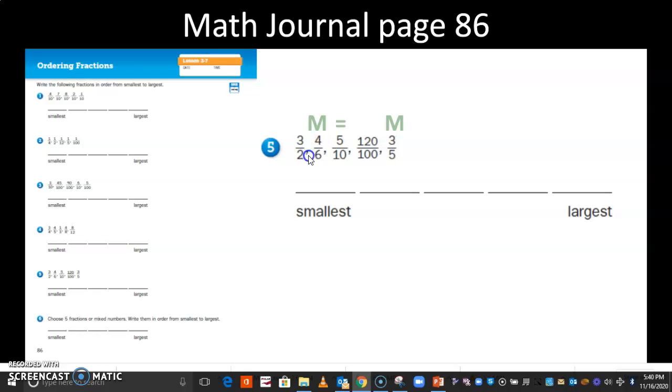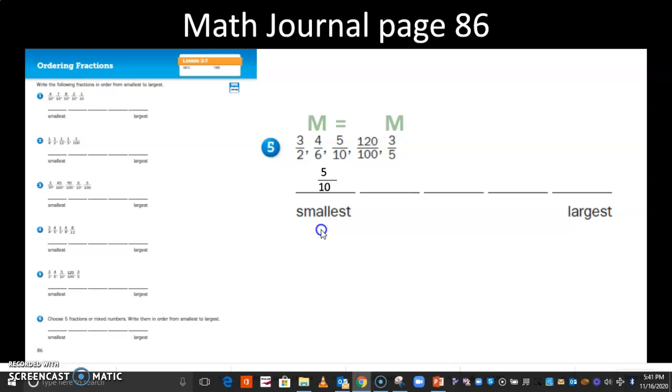Because if I had a pizza divided into 6 and 4 of those pieces were covered up, that's more than 3/6, which would be 1/2. So it's more. Same thing with 5. If I had a pizza of 5 slices, 3 were covered up, that's still more than 1/2. So what does this tell us? This time, instead of my equals fraction being right in the middle, it's actually going to be my smallest fraction.